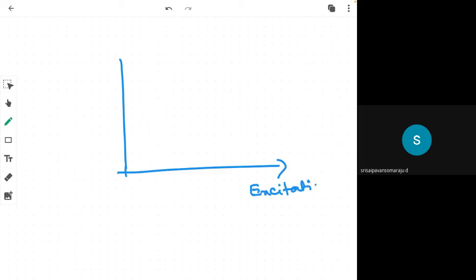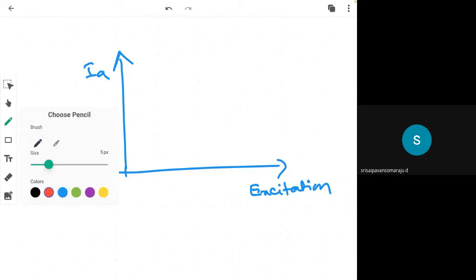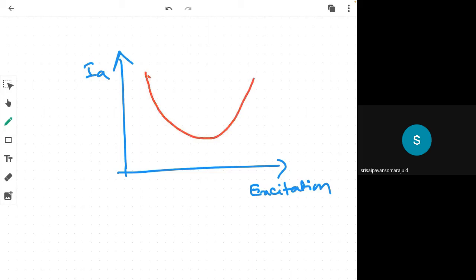If you draw the graph, this is excitation and the y-axis is armature current IA. You will have this kind of curve. This is normal excitation, over excitation, and under excitation.